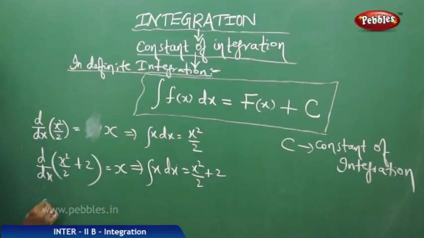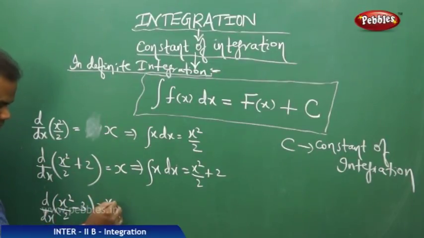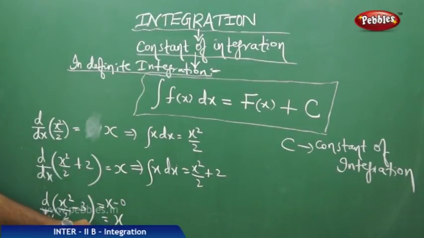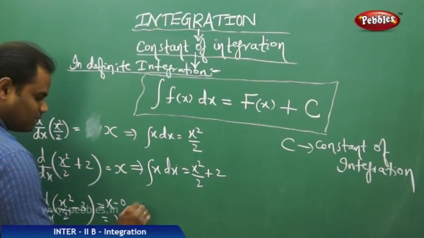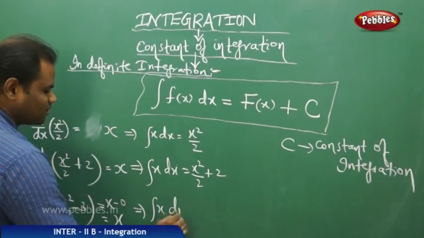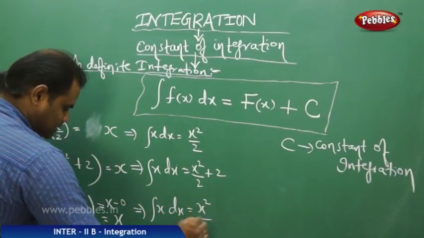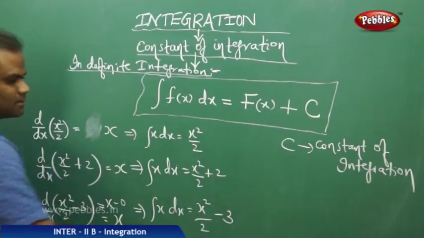Similarly, if I take d by dx of x squared by 2 minus 3, let's see what will be its derivative. This gives me x minus d by dx of 3, which is 0, which is also x, which I get here. That implies my integral of x dx can also be written as x squared by 2 minus 3.